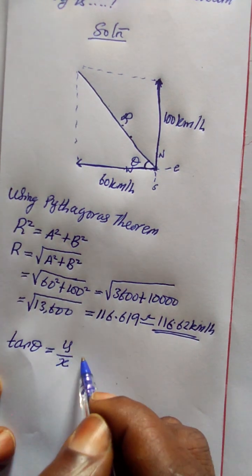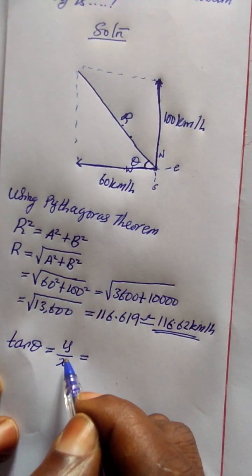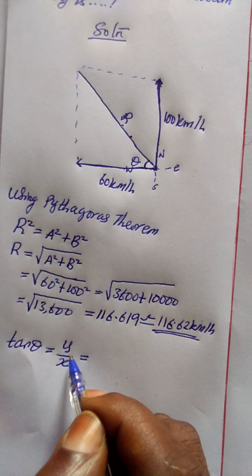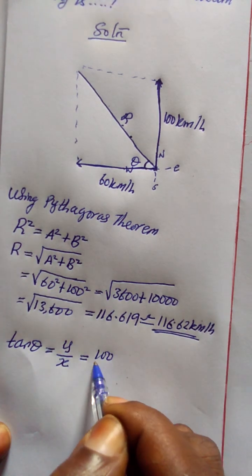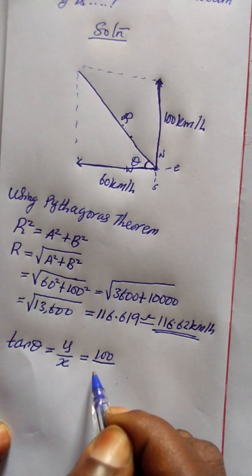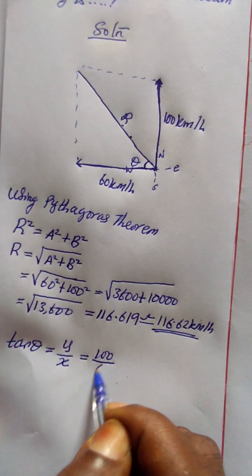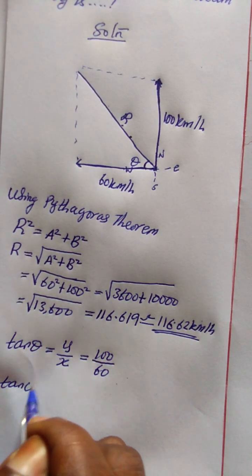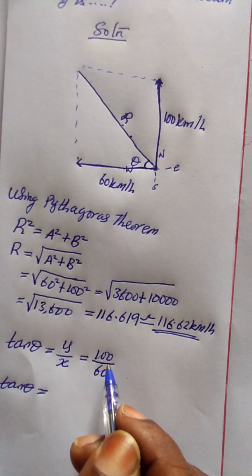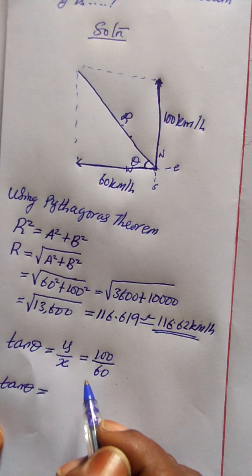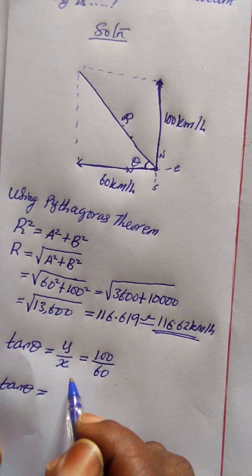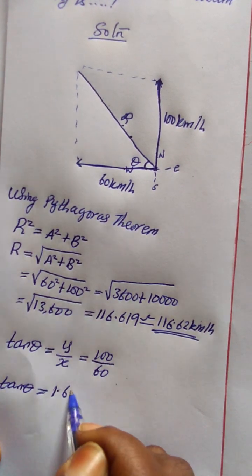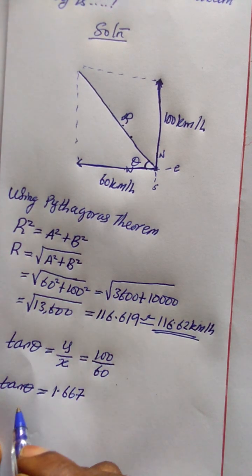So if we substitute here, since our opposite is 100 and our adjacent is 60, then tan theta equals 100 divided by 60, which gives 1.667.